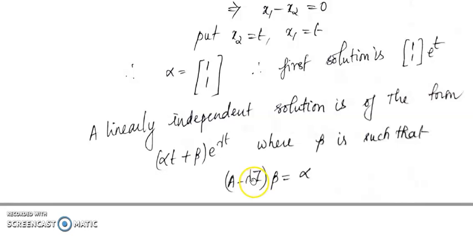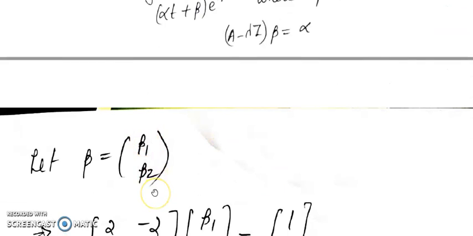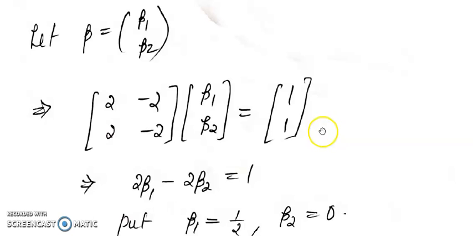We know A, lambda and alpha, so using this we need to solve for beta. Let us take beta to be the vector (beta 1, beta 2). Writing the system, we get [[2, -2], [2, -2]] (beta 1, beta 2) = (1, 1). Both the equations are the same.